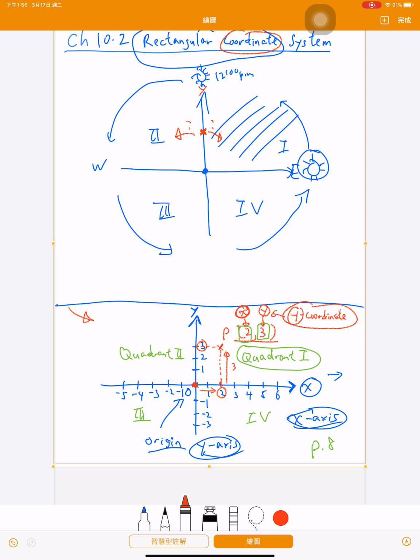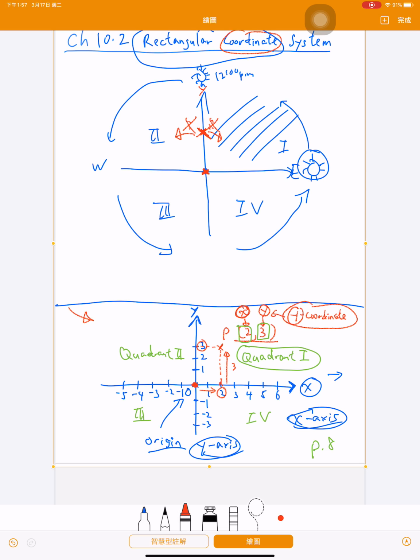So I'm going to tell you, for these special points, we do not call it in any quadrant. That means we do not have quadrant on this point. We do not say quadrant 1, and also we do not say quadrant 2. Of course, the most special point, the origin, also does not belong to any of the quadrants. Okay.